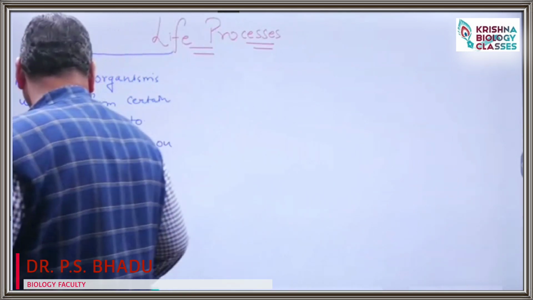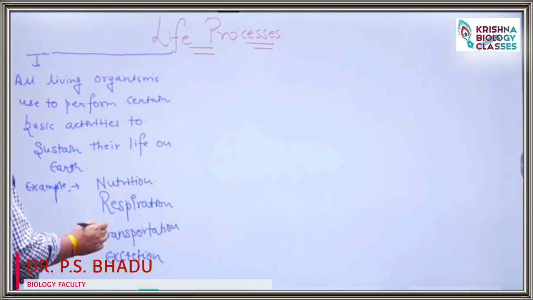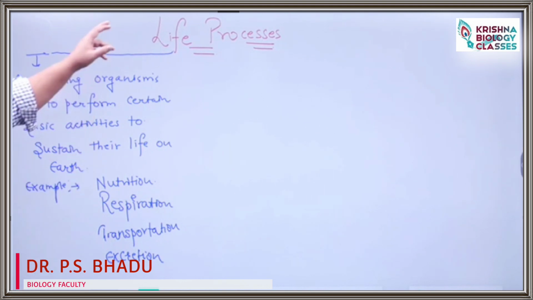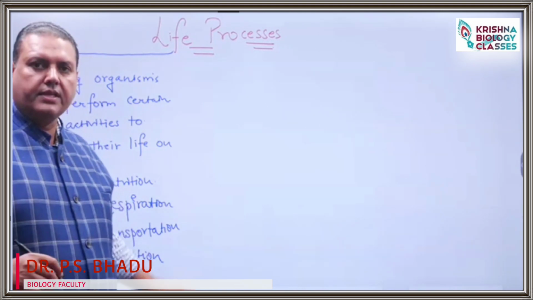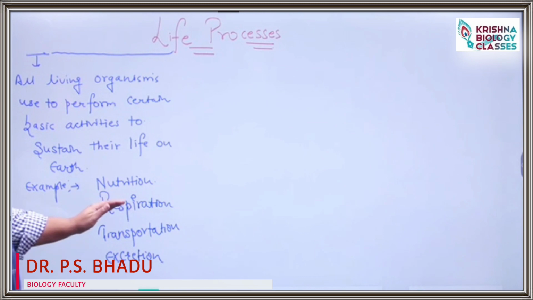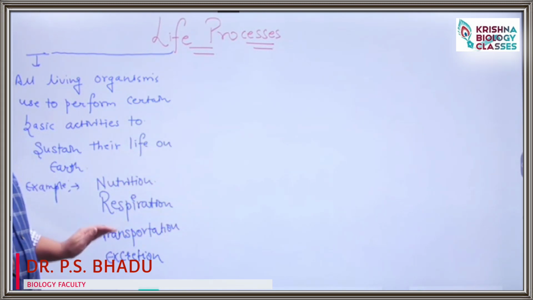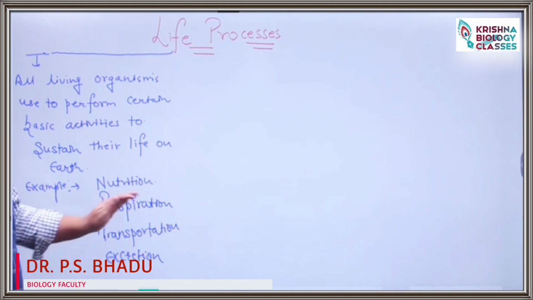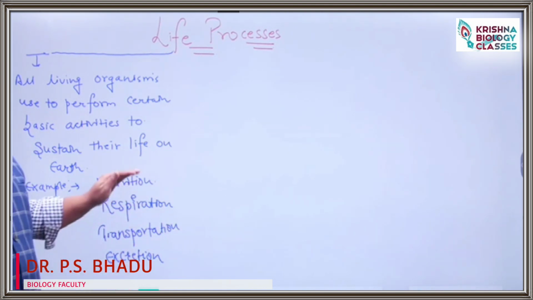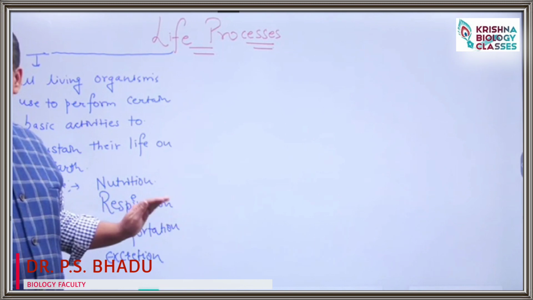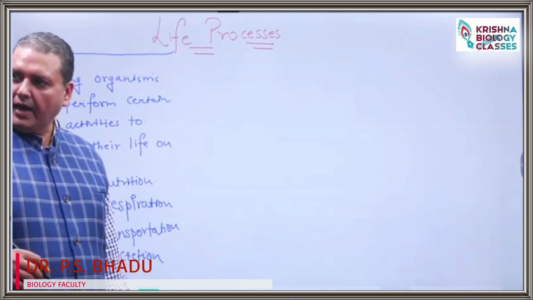All these activities are collectively known as life processes. So in this chapter we will discuss nutrition in humans, respiration in humans, transportation in humans, excretion in humans, and after that nutrition in plants, respiration in plants, transportation in plants, and so on.